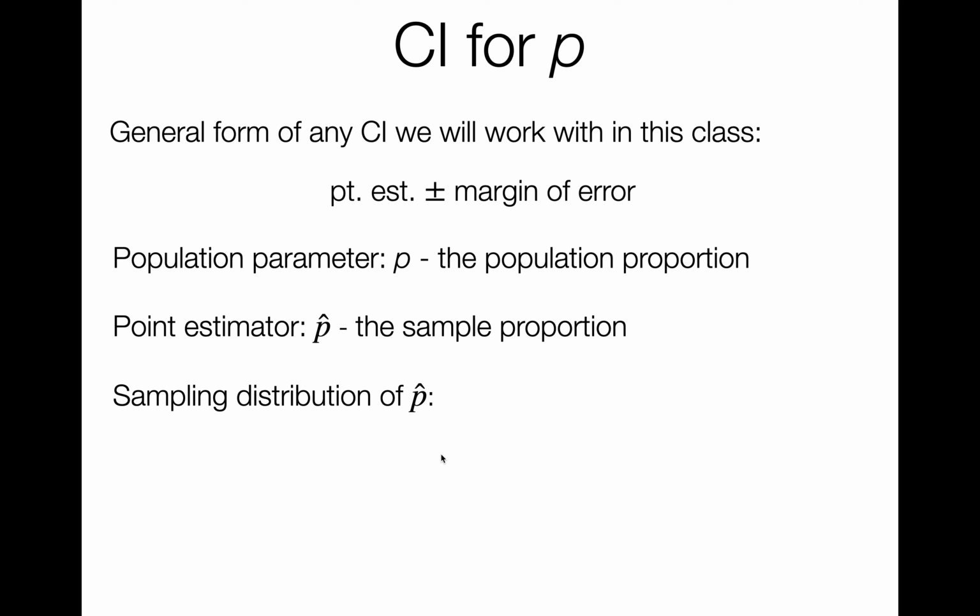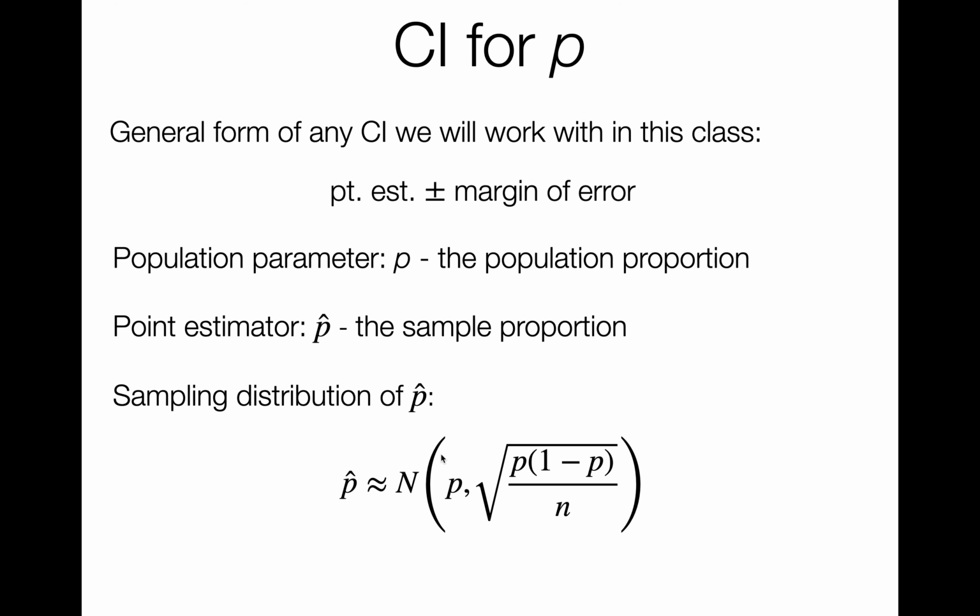The sampling distribution of p hat describes how p hat behaves. And by behaves, I mean how spread out p hat is, okay? Or the distribution of possible p hats. And so we get our information that we knew last time from lesson 6. The sampling distribution of p hat is this.